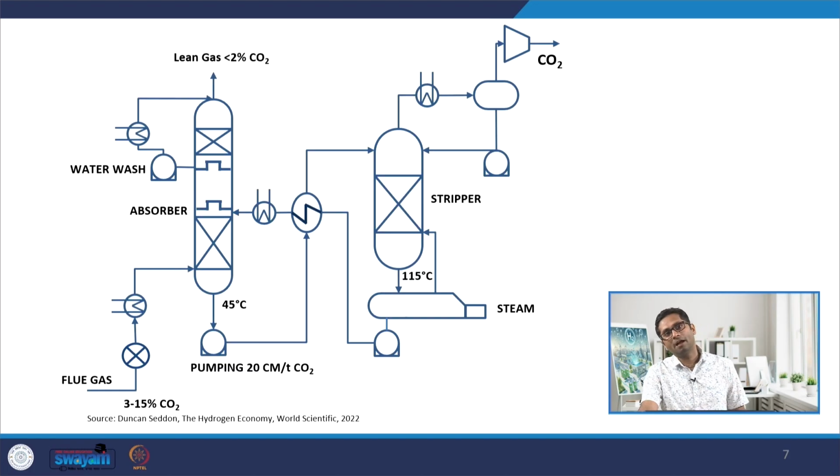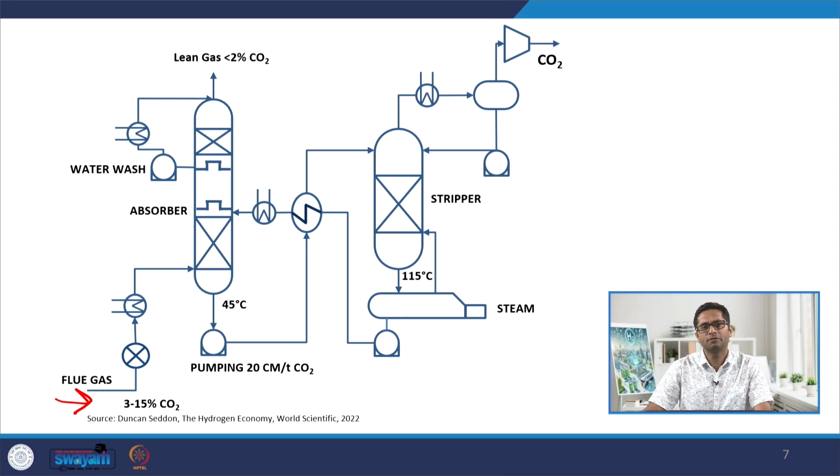Then if I want to capture this gas that is being released at around 10% concentration, there is one methodology that is used at scale, and this is basically an absorber and a stripper that is using MEA as an absorbent. So basically what happens is you have a flue gas that enters. The typical concentration can change from 3% to 15% of CO2.